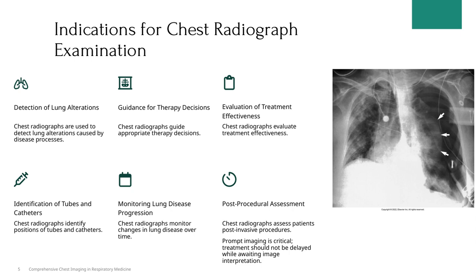Furthermore, chest radiographs guide us in making appropriate therapy decisions. They inform whether we need to adjust medications, consider additional interventions, or continue current management. Finally, these images are used to detect lung alterations caused by various disease processes.